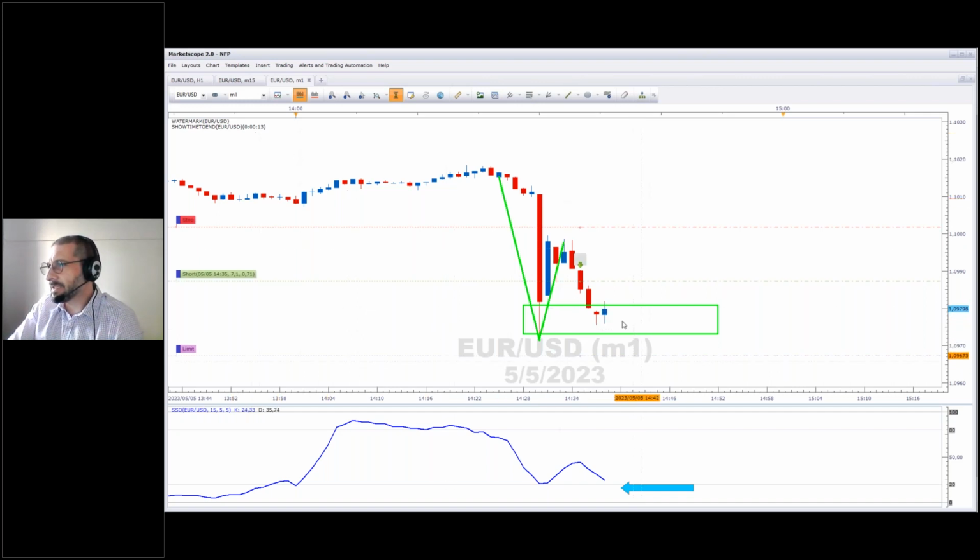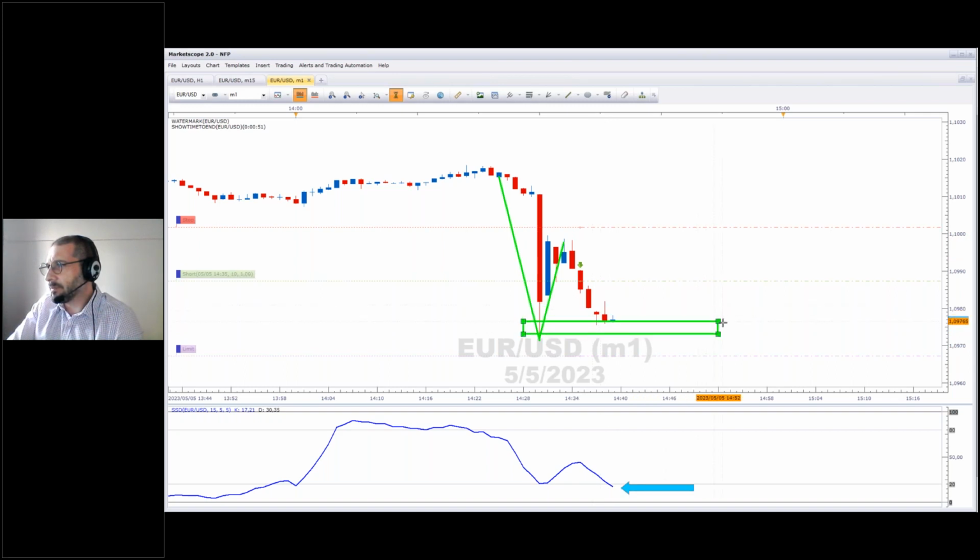15 seconds, look at the next candle. There's that doji again, still uncertainty. Okay, stochastic coming down nicely. Still on the support.